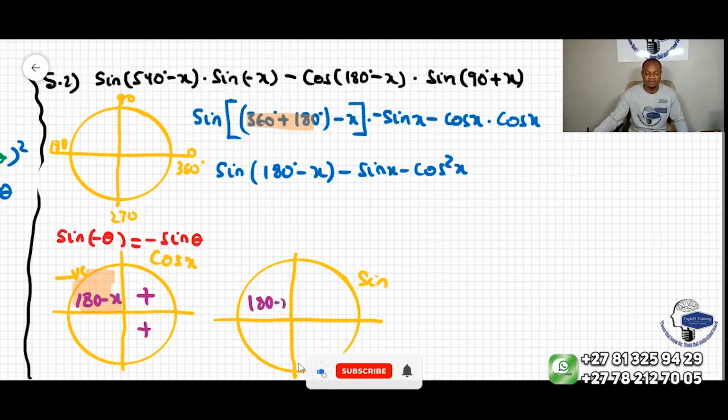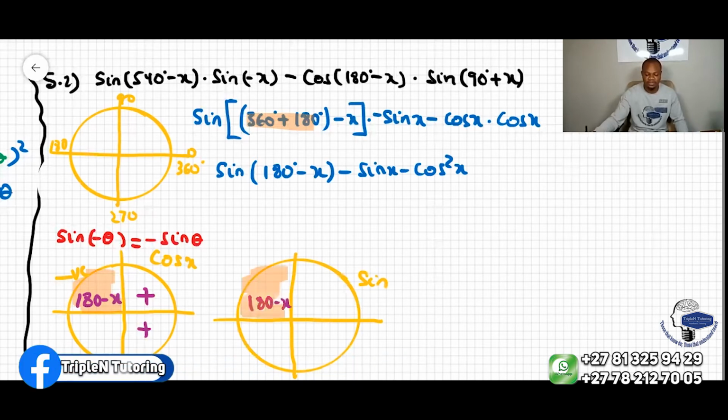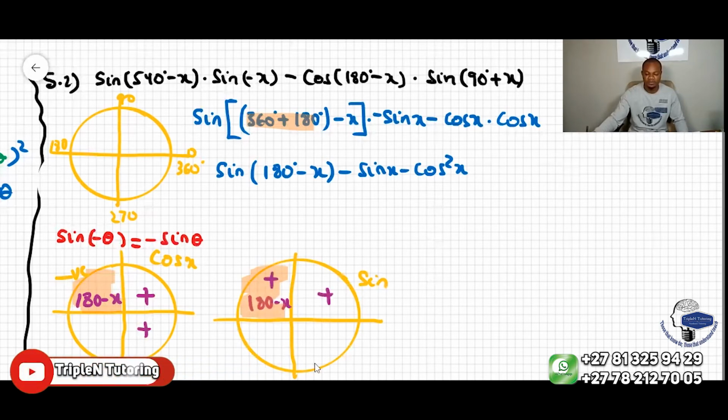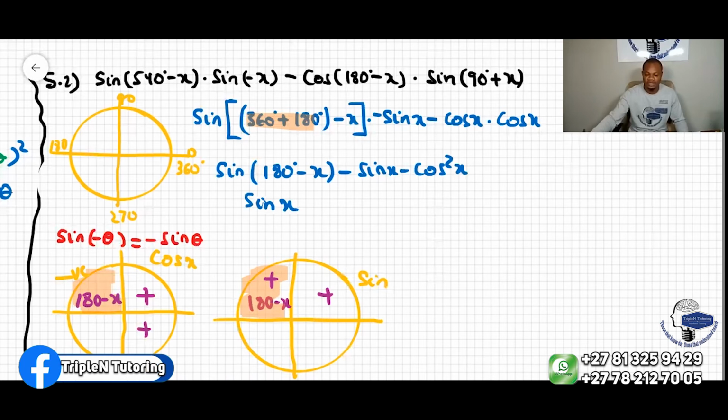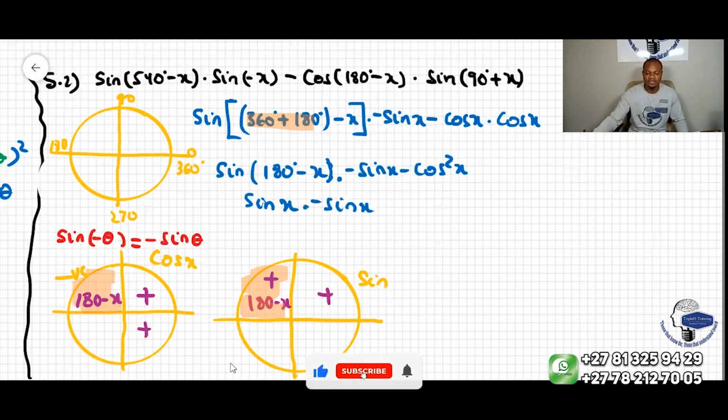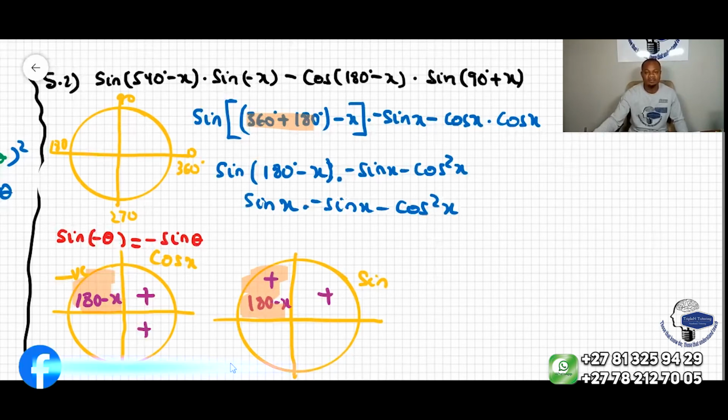Sine is positive in the second quadrant, so this can be reduced to sine of x. Careful, this is not minus, but it's times negative sine. So we have sine x times negative sine x minus cos squared x. Now sine times negative sine makes negative sine squared x.